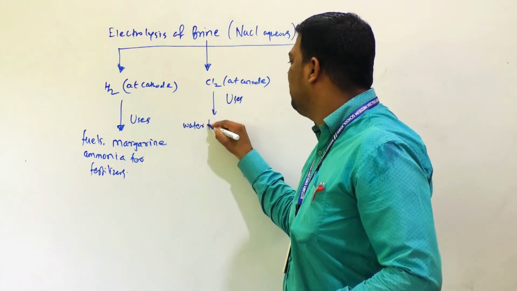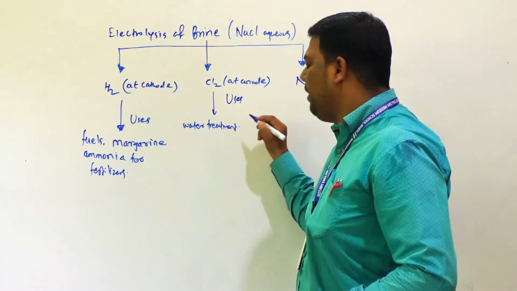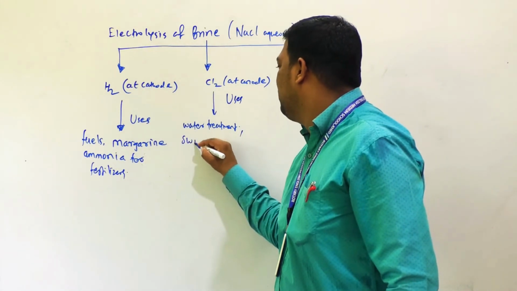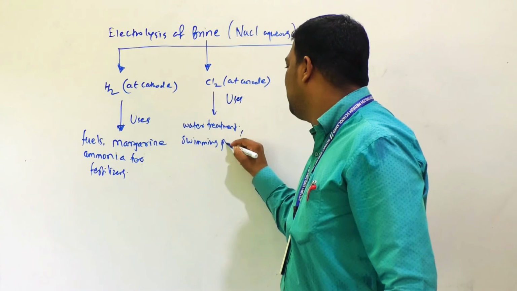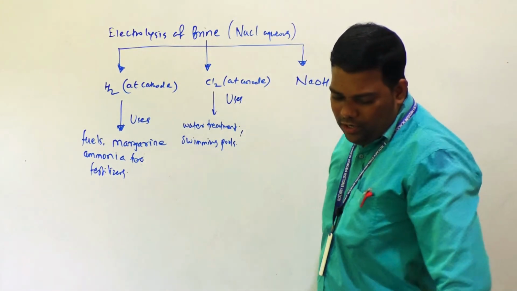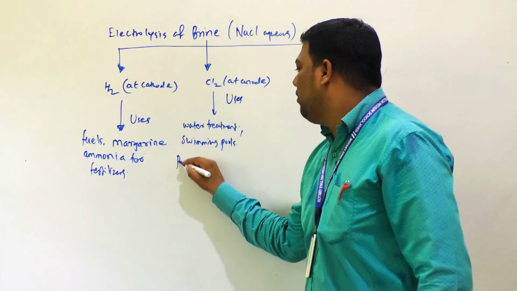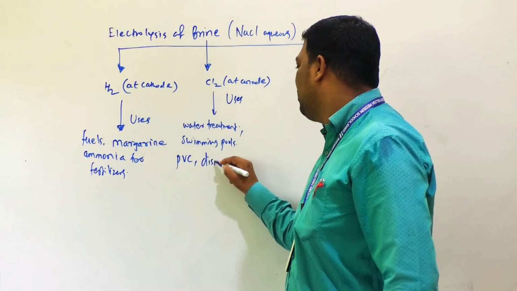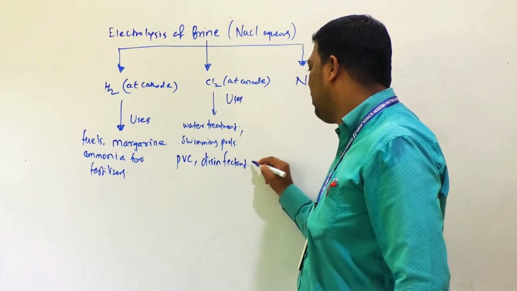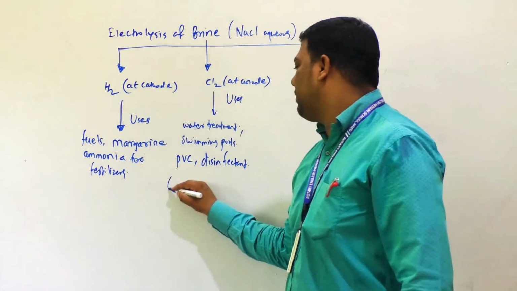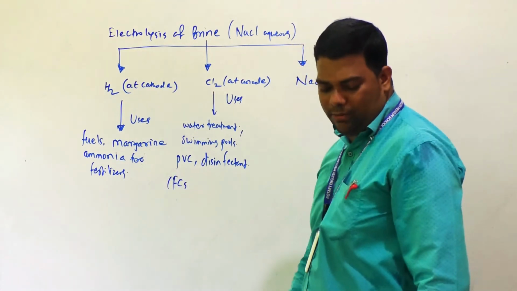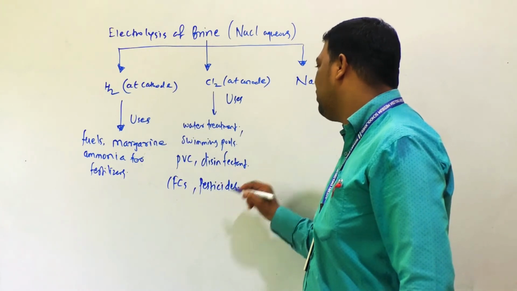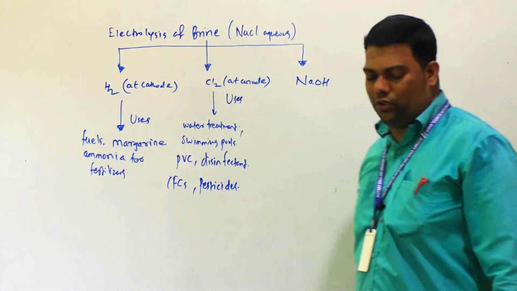Next, in swimming pools also we add it. Then in the preparation of PVC, polyvinyl chloride PVC pipes. Also as a disinfectant, whatever your Cl2. Then in the preparation of CFCs, chlorofluorocarbons, and we can write pesticides. So many uses of chlorine here.